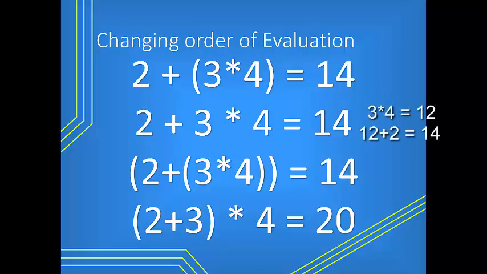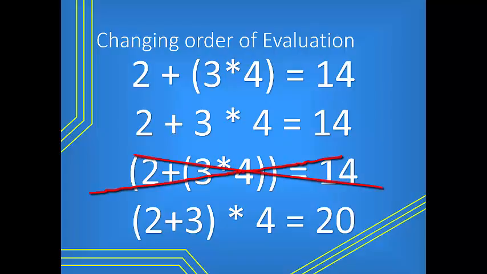So we would multiply 3 times 4, which is 12, plus 2, which is 14. As with everything else, parentheses should be used reasonably. So here in this third example, there are just too many and they're redundant.